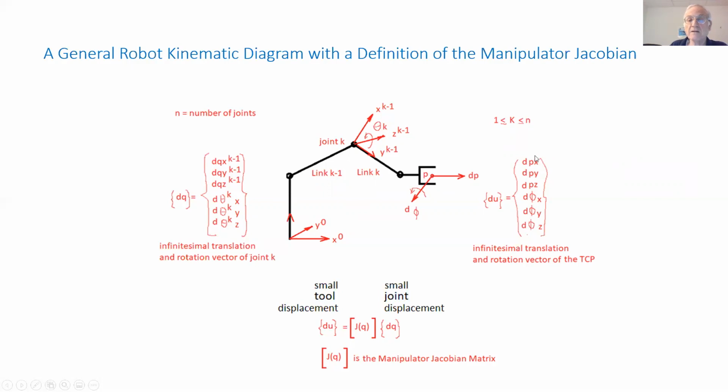And we can relate the deviation of position in p as a function of the deviation in q. This is a pretty simple mathematical expression.